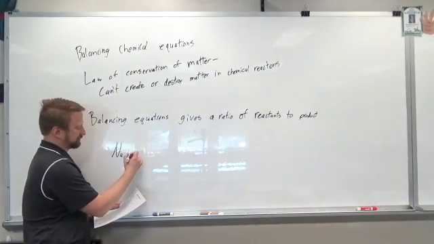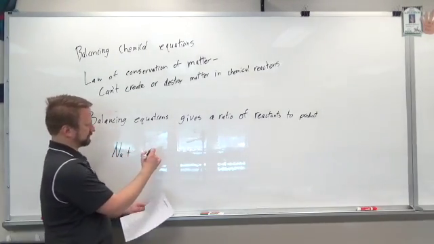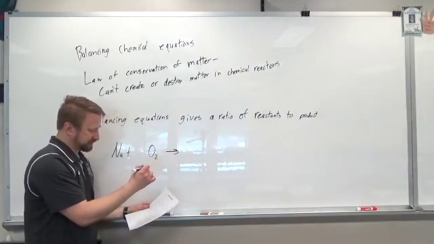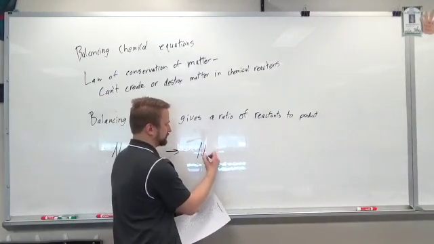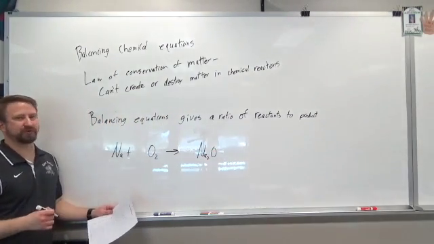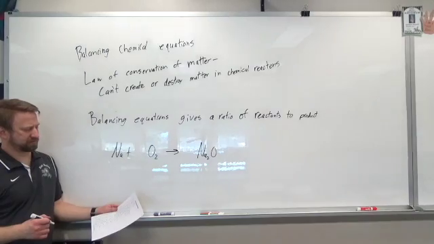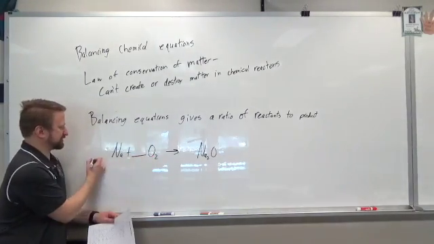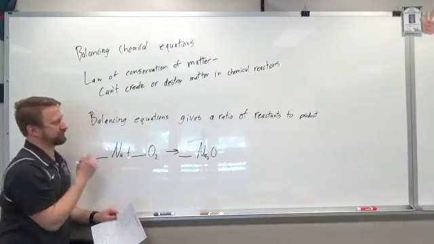Na, so we have sodium plus oxygen, and that's going to give us Na2O, sodium oxide. I left kind of big spaces. I'm going to put these blanks in here.